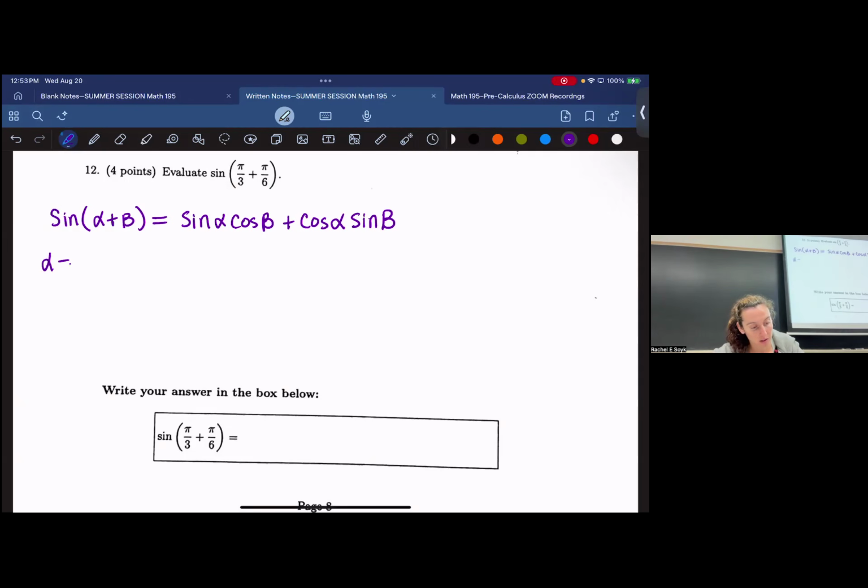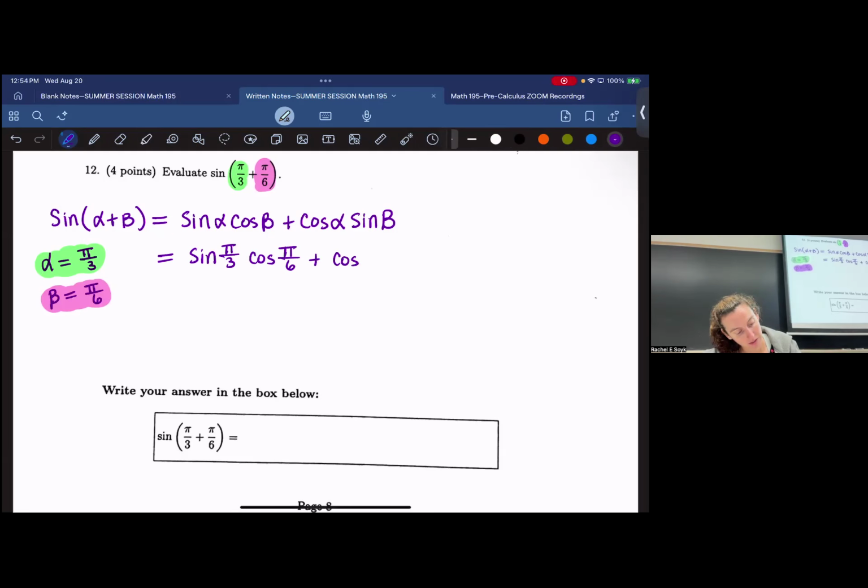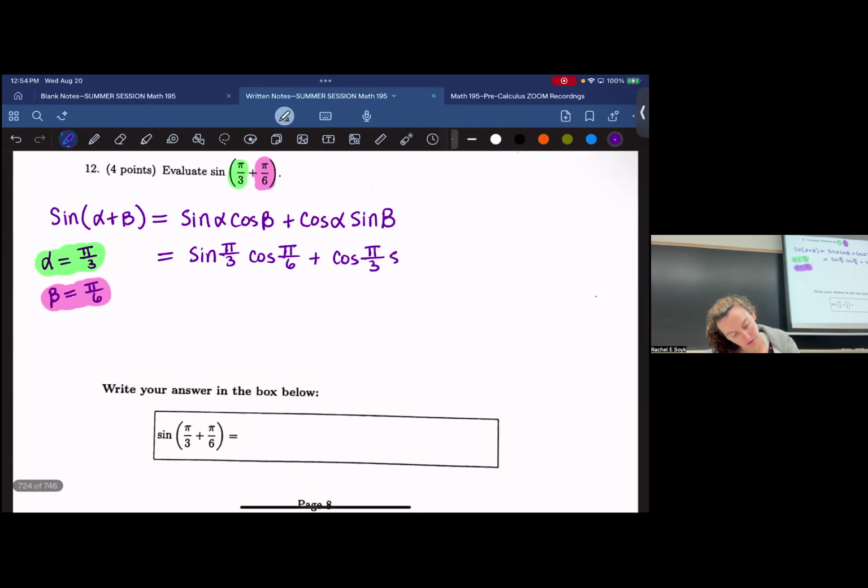And our alpha here, we're going to let that be pi/3, and our beta is going to be pi/6. So now let's plug in. We get sine of pi/3 times cosine of pi/6 plus cosine of pi/3 times sine of pi/6.